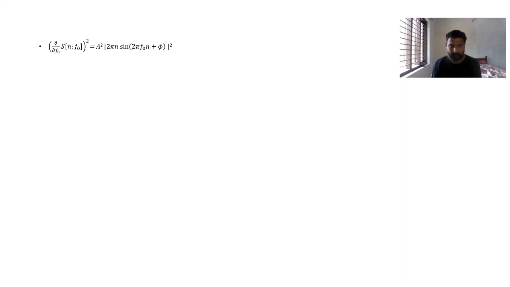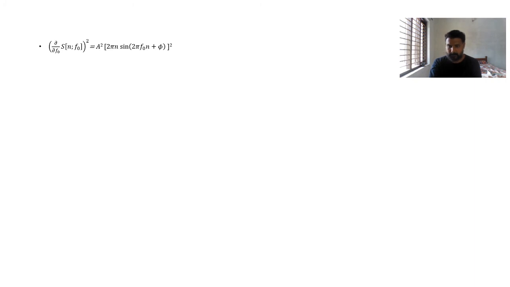So we are taking the differentiation of this one, that observation. Now we have to square that one. It is not the second derivative, it is only squaring the first derivative. In the general case we take the second derivative, but here we are only squaring the first derivative. So it becomes A² into (2πn sin(2πf₀n + φ)) the whole square.